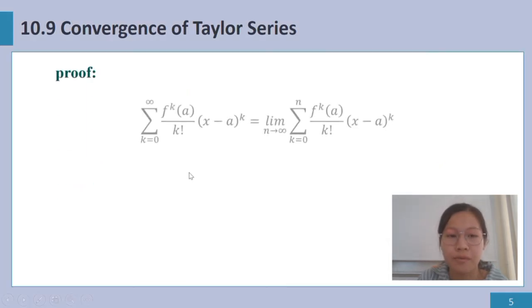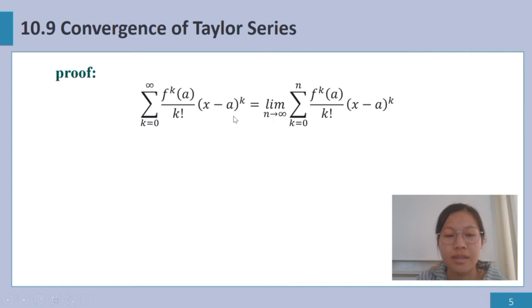Here's the proof. We have the Taylor series, the sum from k equals 0 to infinity of the k-th derivative of f over k factorial, times x minus a to the power k, is equal to the limit as n approaches infinity of the Taylor polynomial.